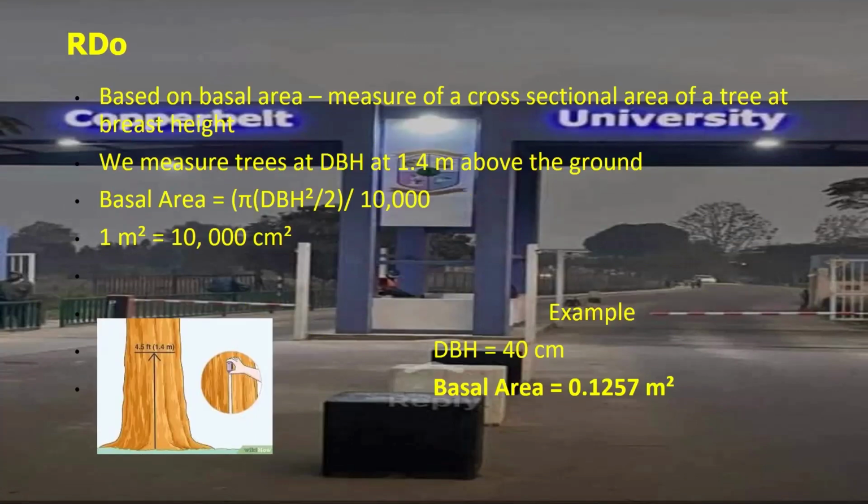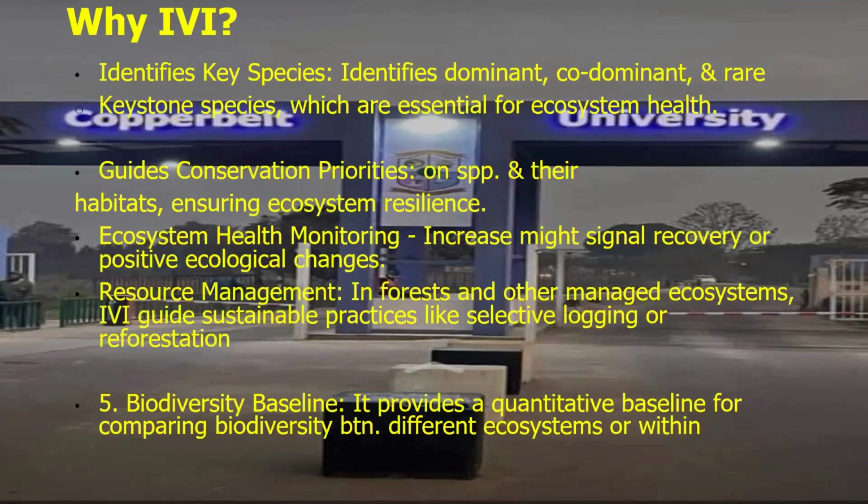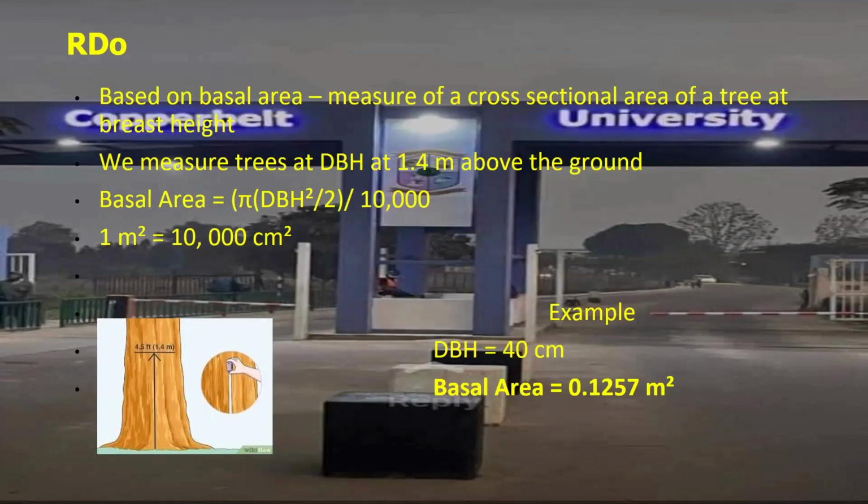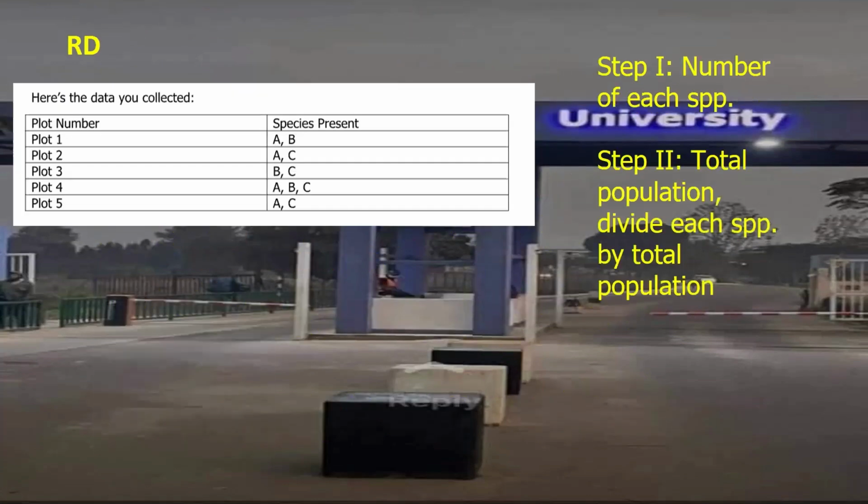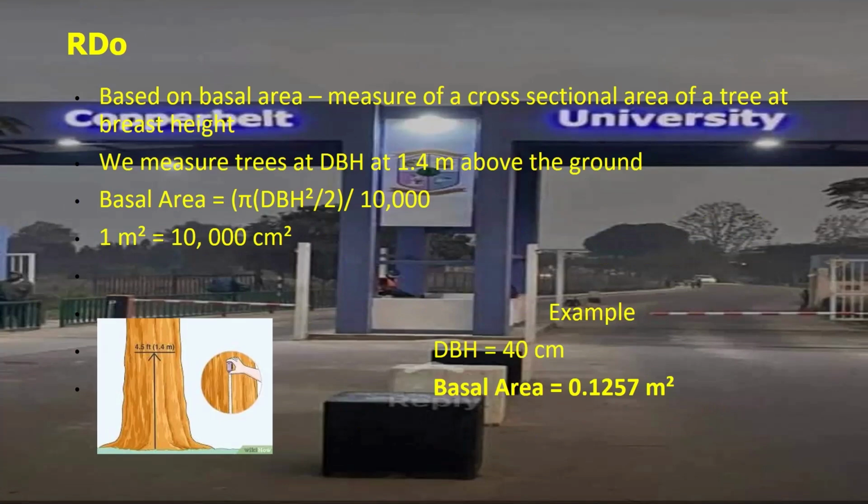So the basal area, for instance, in this case, if you have DBH, diameter at breast height, of 40 centimeters, it will be pi times 40, which is the diameter at breast height, squared divided by 2.